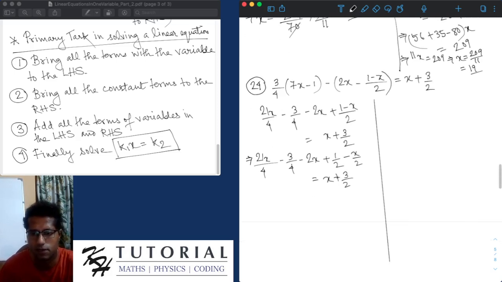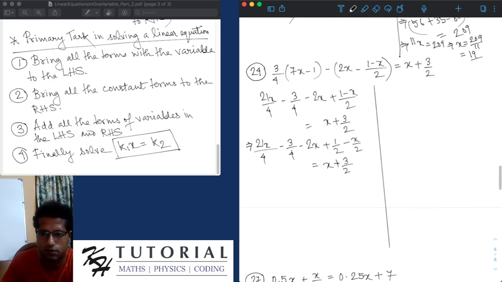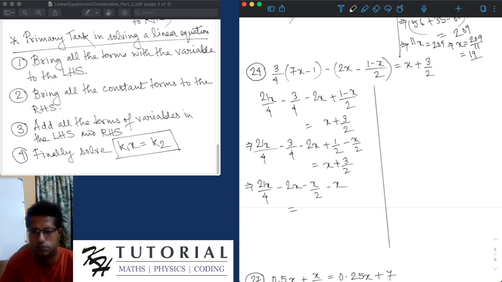Now I will bring all the x terms to the left hand side and all the constant terms to the right hand side, and this becomes 21x by 4 minus 2x minus x by 2 minus x equals, I will bring all the constant terms to the right hand side, that is 3 by 2 plus 3 by 4 minus of half.